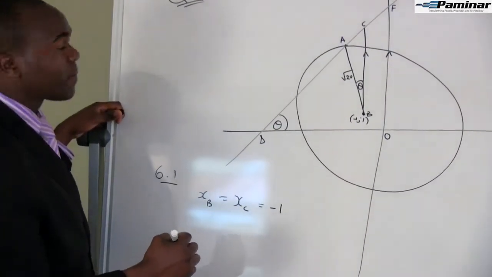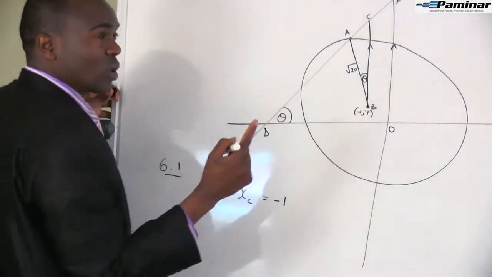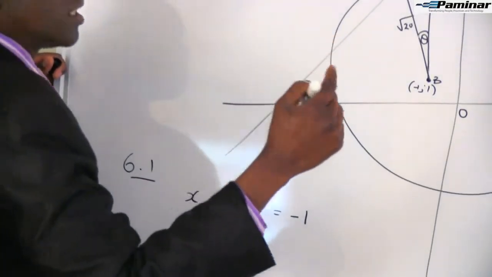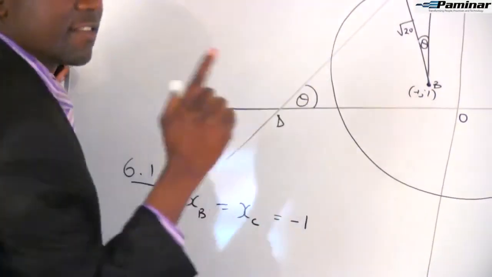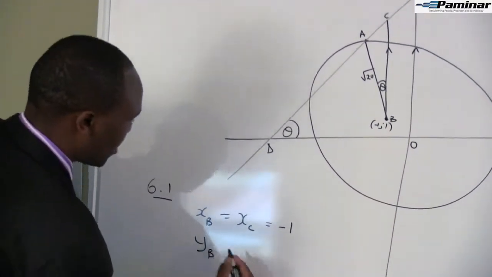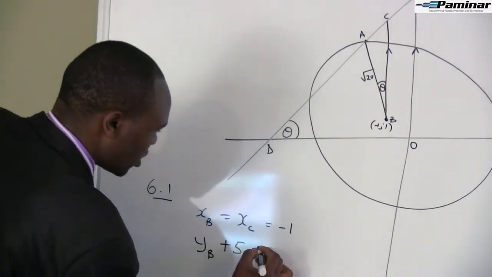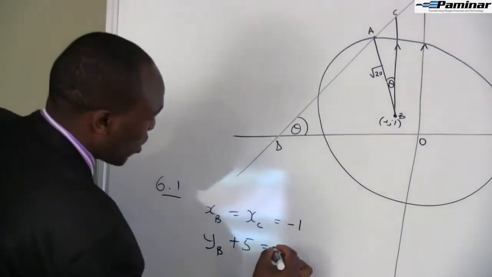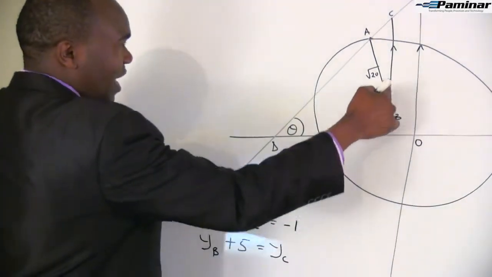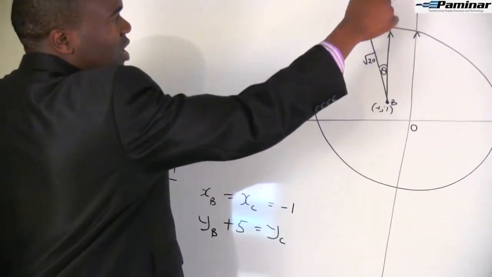Okay, is that clear? Now, at this point, we are also told that from here, B to C, it's 5 units. But with yB, if we add 5 units, what are we going to get? We are going to get yC. From here, if we add 5 units going up, because it's a straight line parallel to this, we are going to get this point.